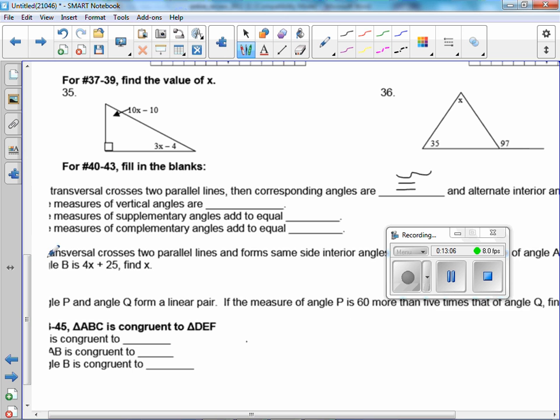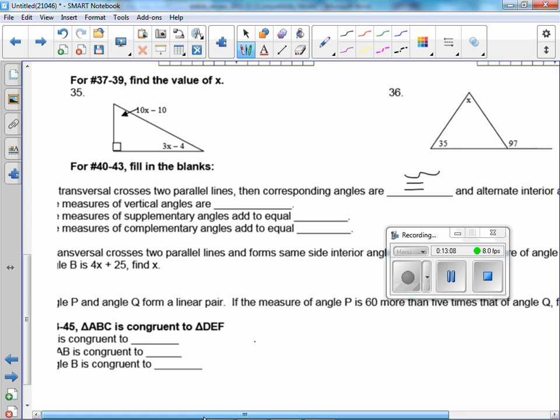So you don't see the first part of the problem, but you have it on your paper. 38. The measures of vertical angles are equal. The measures of supplementary angles equal 180. And the measures of complementary angles equal 90.